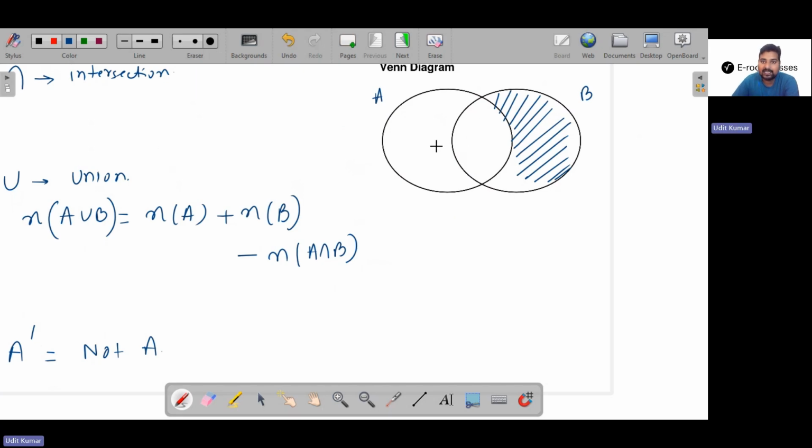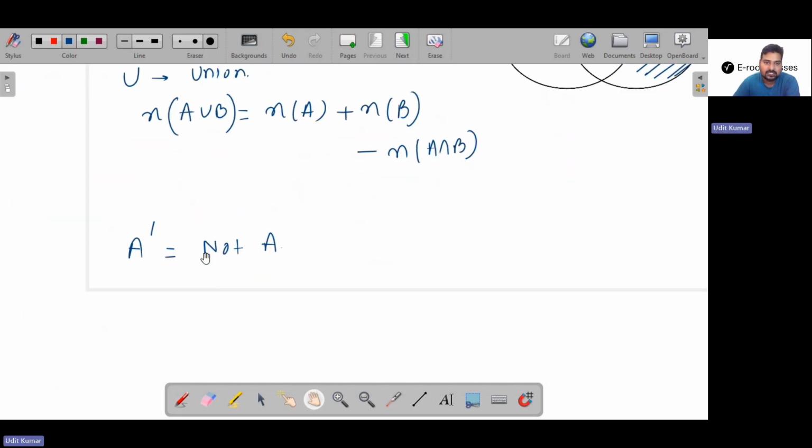Because I can't shade any of these two spaces, right? Because this space means A and this space also means A.